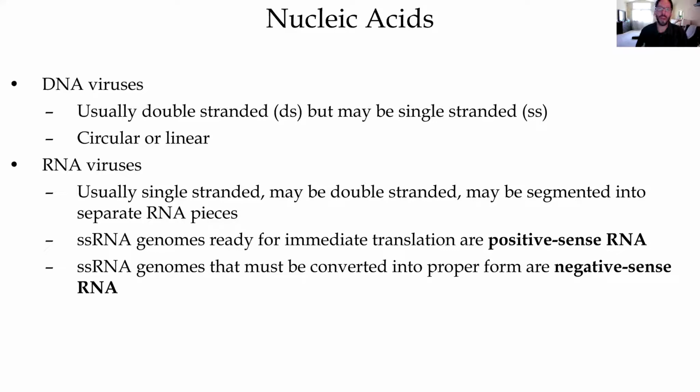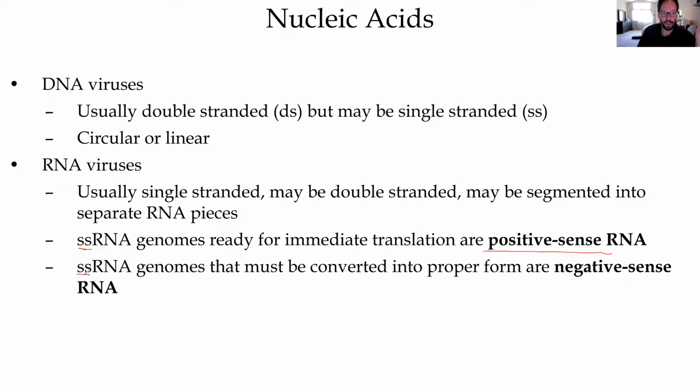And to make it even more complicated, it can be positive sense or negative sense RNA. Single-stranded, which I've abbreviated SS, stands for single-stranded RNA, which is most of them. If it's positive sense RNA, that means it can immediately be translated by the host ribosomes into proteins, or immediately copied into other RNA segments.